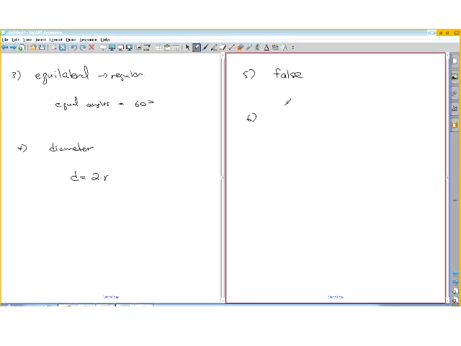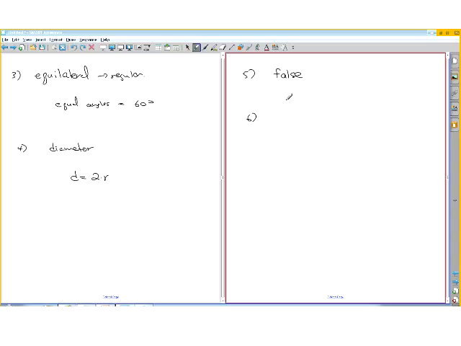Okay, number 6. If a triangle is isosceles, then it is not scalene. Okay, so what is a scalene triangle? So let's look at page 459. We look at the types of triangles, and you see a scalene triangle at the lower right-hand corner, and it has those little marks, which mean that none of the sides are equal to each other.